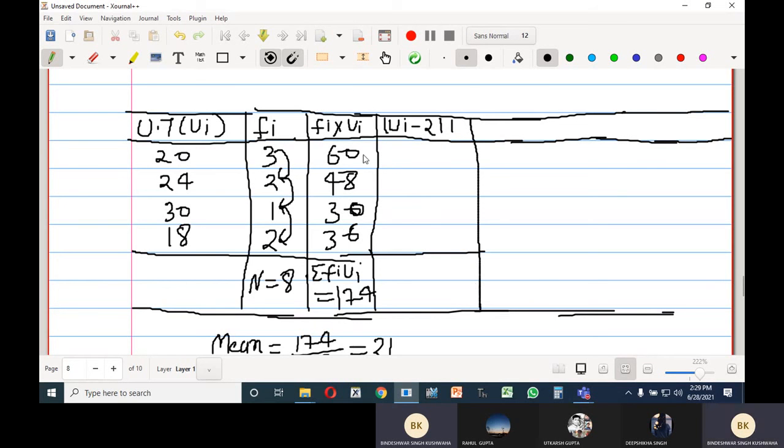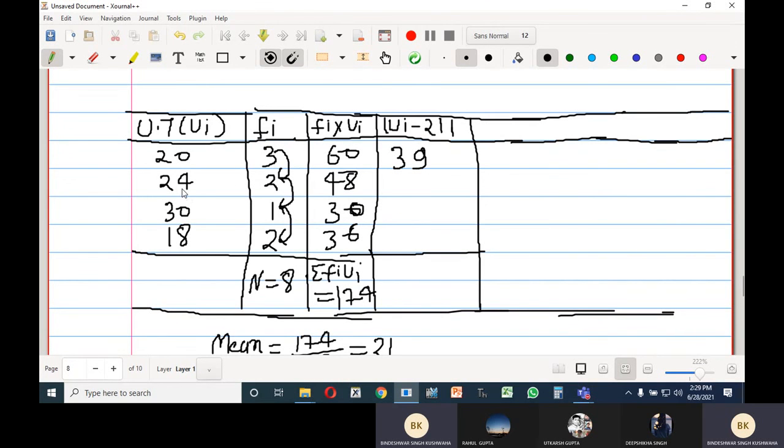So here Ui is, you can say, 21. So 61 you will get 39.